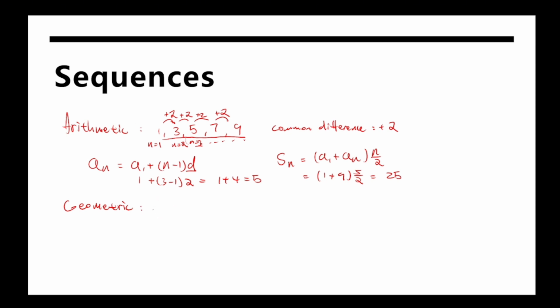The simplest geometric sequence is 1, 2, 4, 8, 16, which has a common ratio of 2: times 2, times 2, times 2, times 2. So they have a common ratio r of 2.